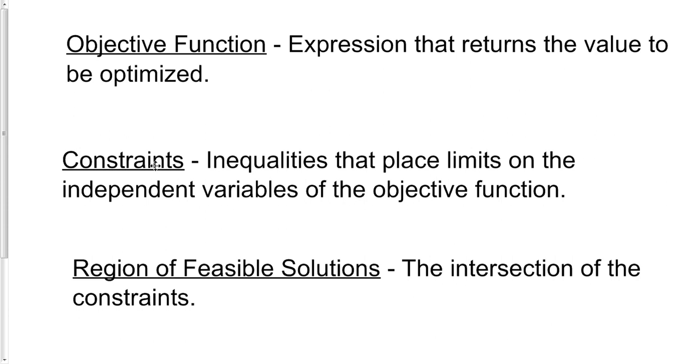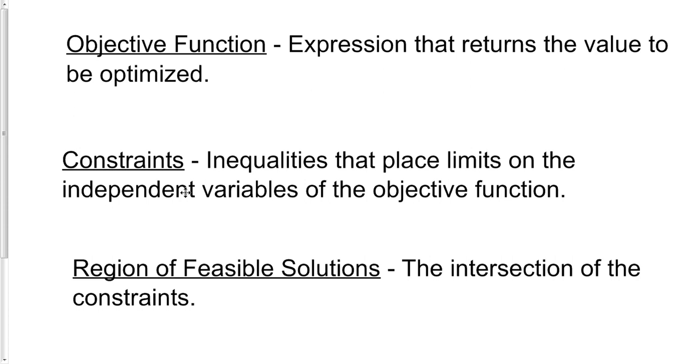Now, the constraints are another part of a linear programming problem. The constraints are inequalities that place limits on the independent variables of the objective function. So whatever the objective function is, it will depend on some independent variables. Like we were talking about profit before, profit depends on the number of units that you sell.